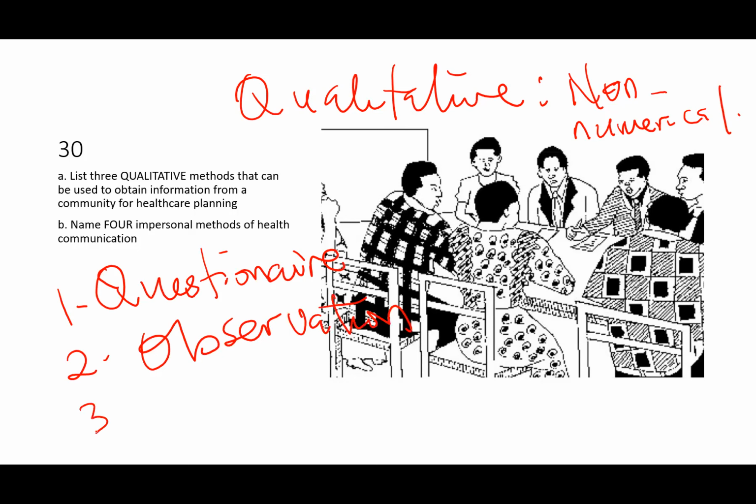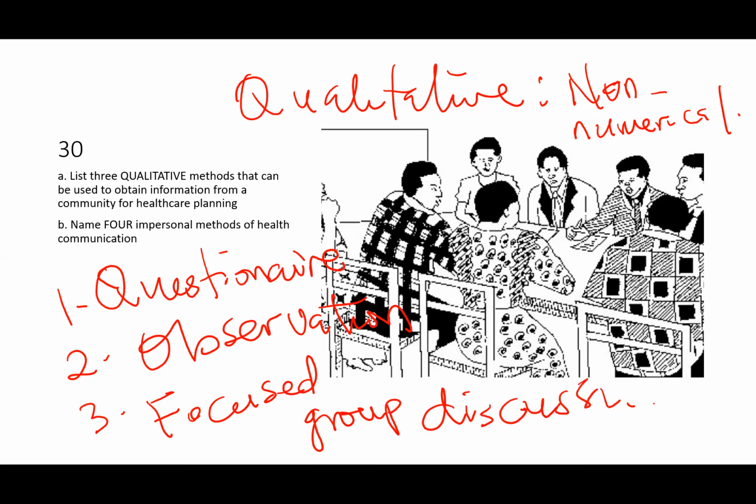Three, you can use focus group discussion. So these are some methods of obtaining qualitative information from a community for healthcare planning: questionnaire, observation and focus group discussion.